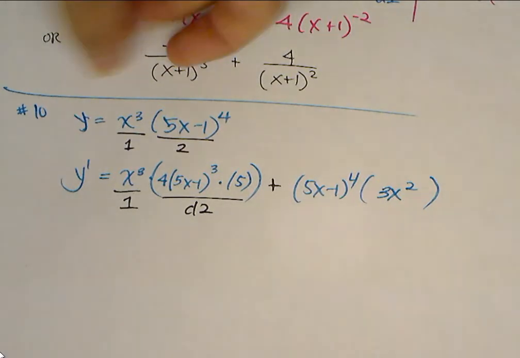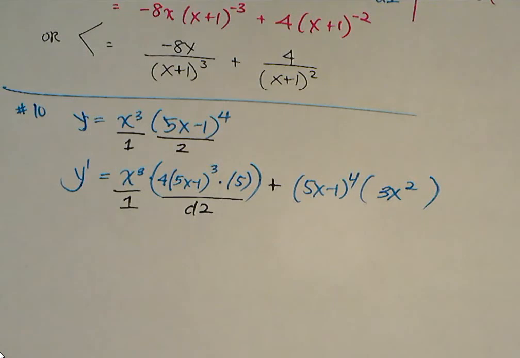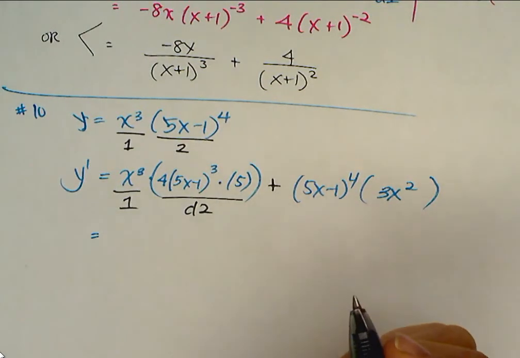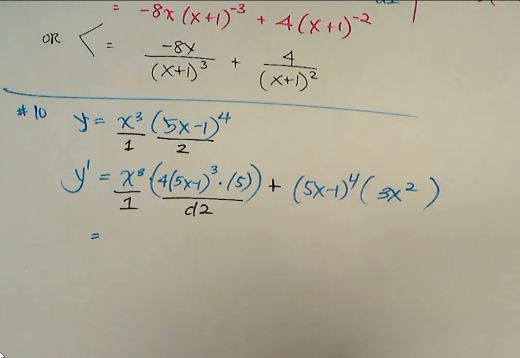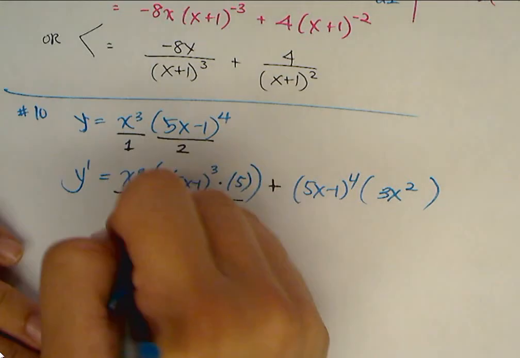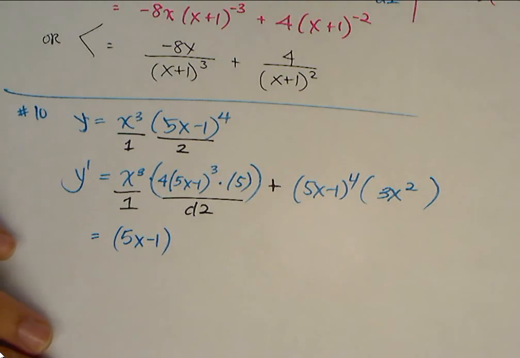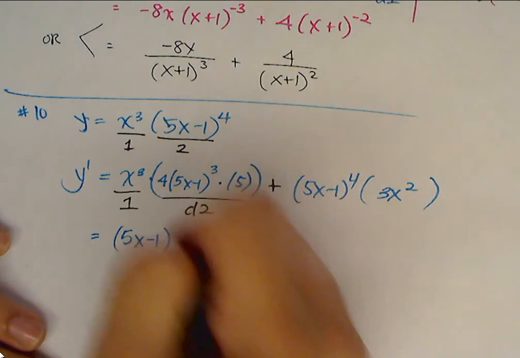Okay? And then, are you guys worried about the way the answer key did it? What did the answer key say? About like 35. Okay, so let's factor out. What do you think we can factor out? 5x minus 1. How many times? 3 is the greatest common multiple, right?